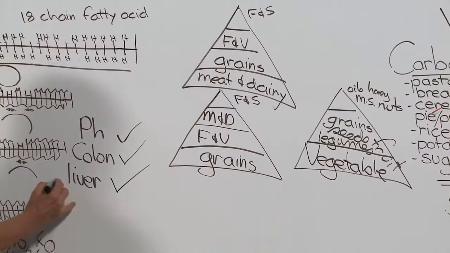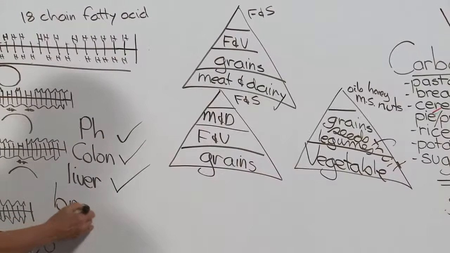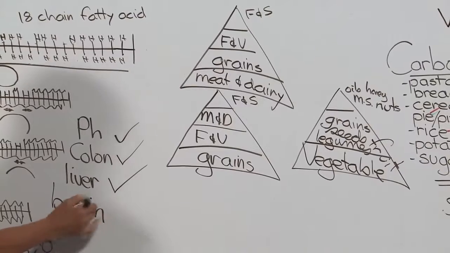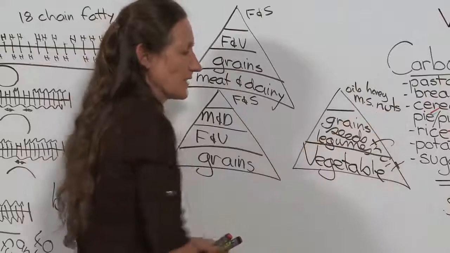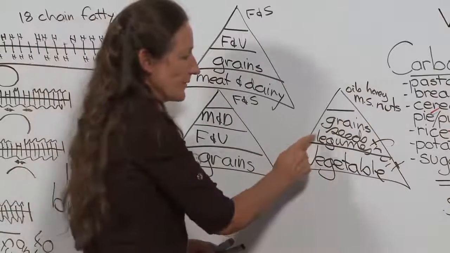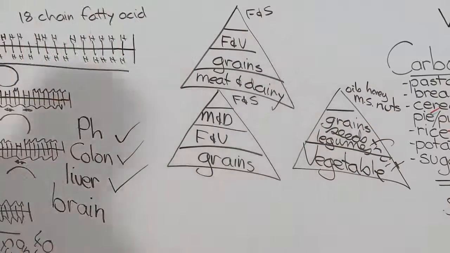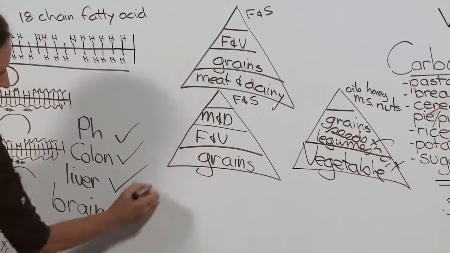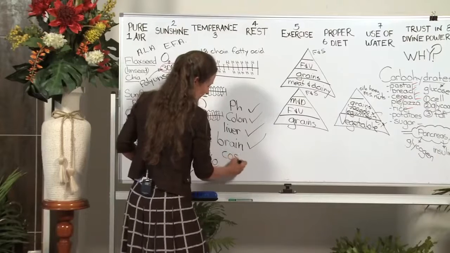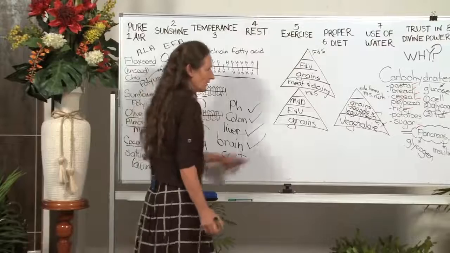What about the brain? We haven't discussed the brain in detail yet. But the brain needs the essential fatty acids in the oils and nuts. It needs the proteins to make the neurotransmitters out of. It needs the vegetables for the minerals, so the brain does get a tick. What about cost? What's your cheapest food in this triangle?